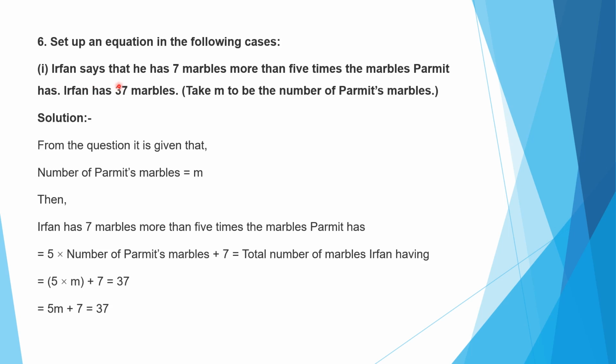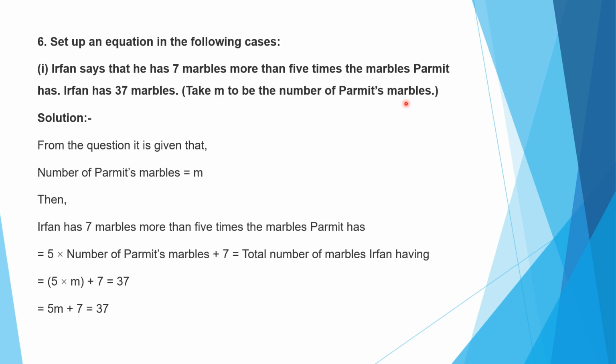Irfan says that he has 7 marbles more than 5 times the marbles Parmit has. Clear? Irfan has 37 marbles. Then how to form the equation for this? Take M to be the number of Parmit's marbles.